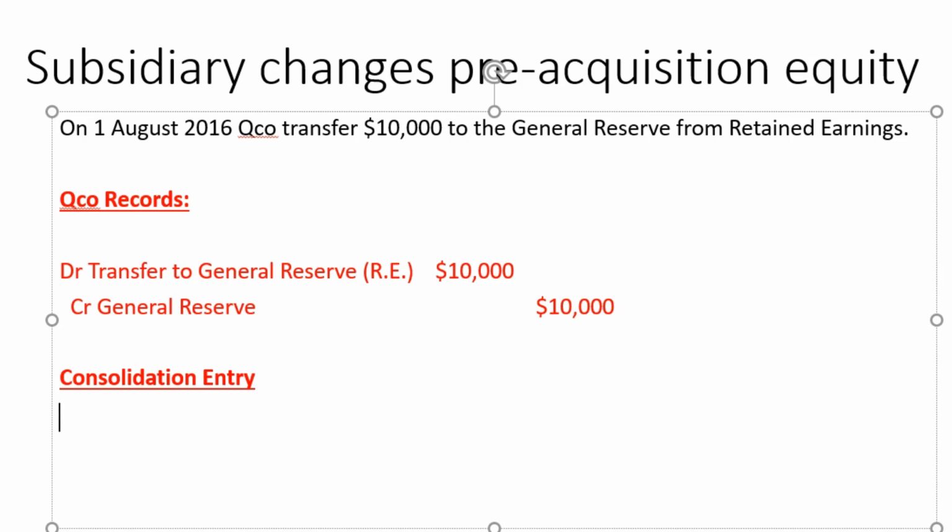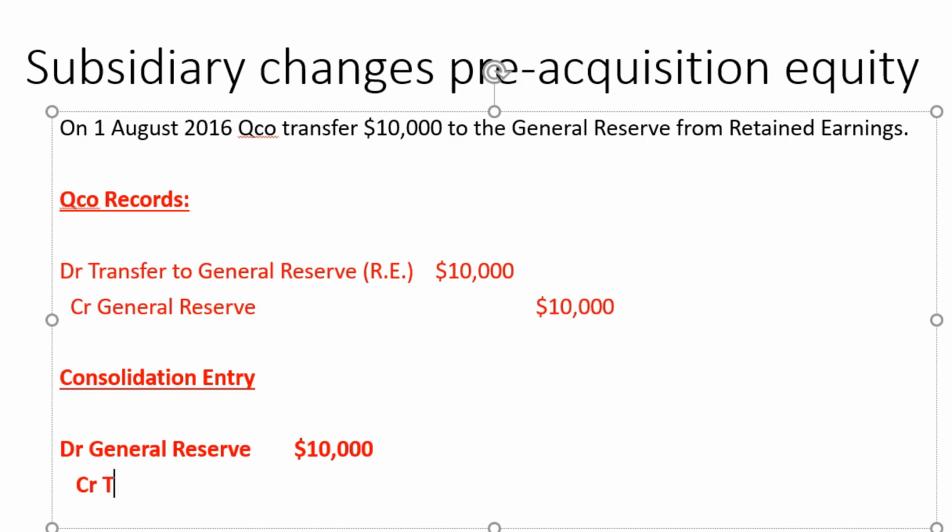However, if we were consolidating the financial statements of the subsidiary and the parent, we would want to reverse that change they made to the equity. So we would simply record a transaction on consolidation that is directly opposite to this. So we would debit general reserve $10,000, which will offset this credit to the general reserve, so it will net to zero.